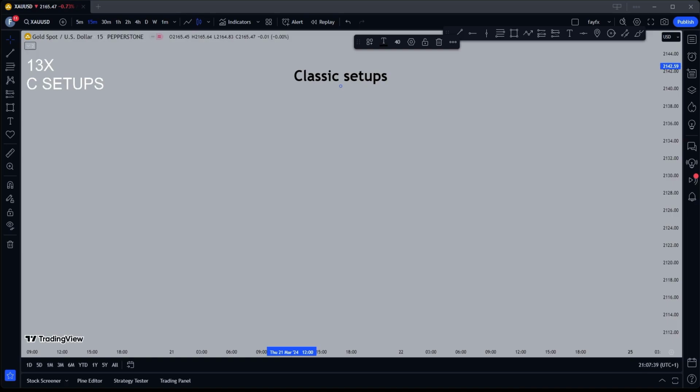My entries are a combination of CC entries plus equilibrium entries. They appear very often, and with the right knowledge, you can spot them and be a part of every move price can develop.